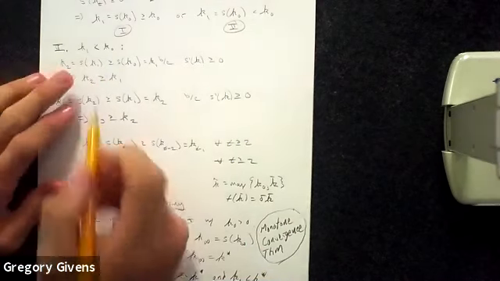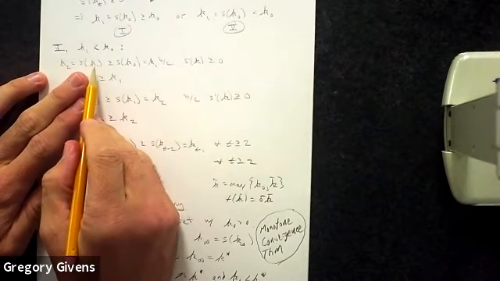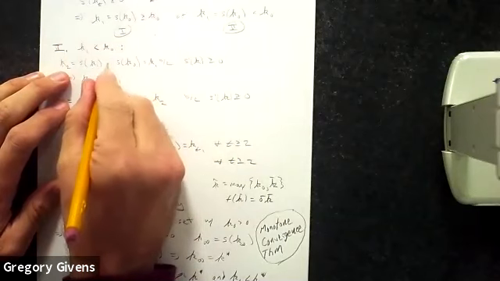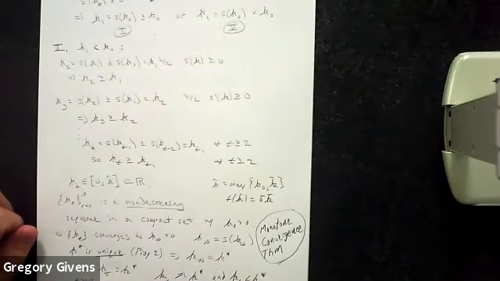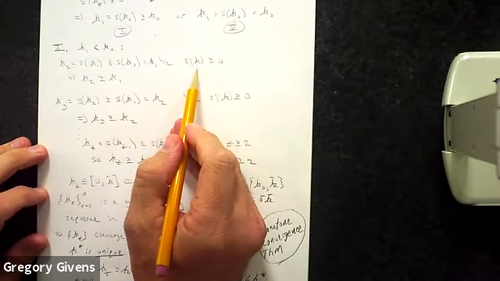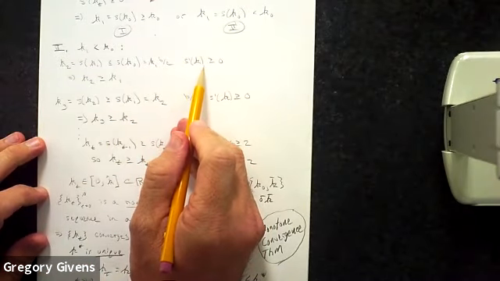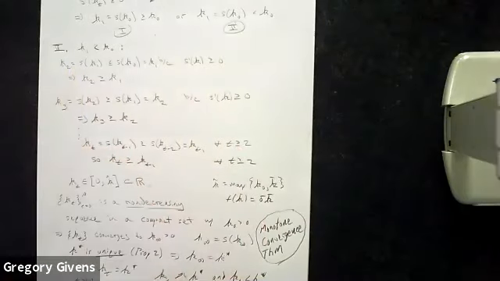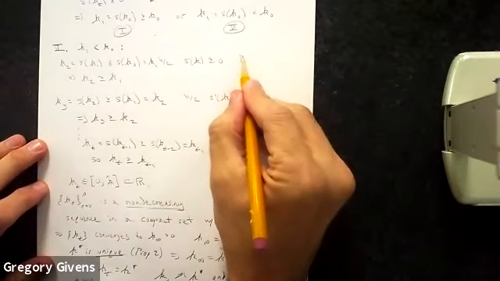Well, that's going to mean that S of K1 has to be less than or equal to S of K0 because S is a non-decreasing function, right? K1 less than K0, then that means S of K1 is less than or equal to S of K0. That was prop 1.